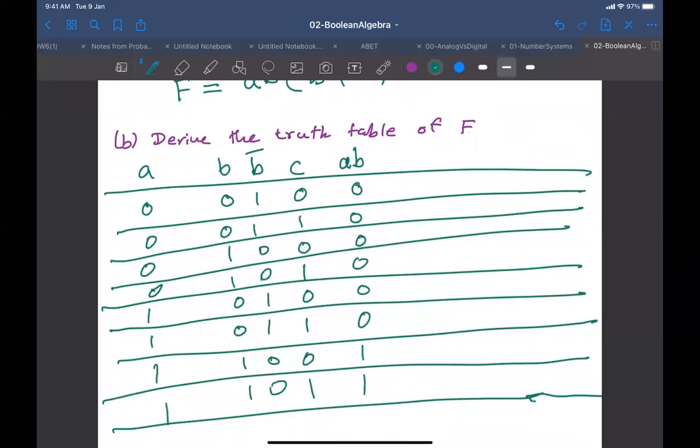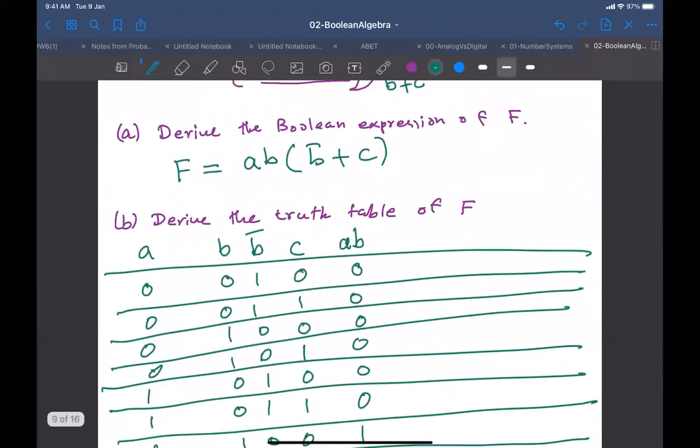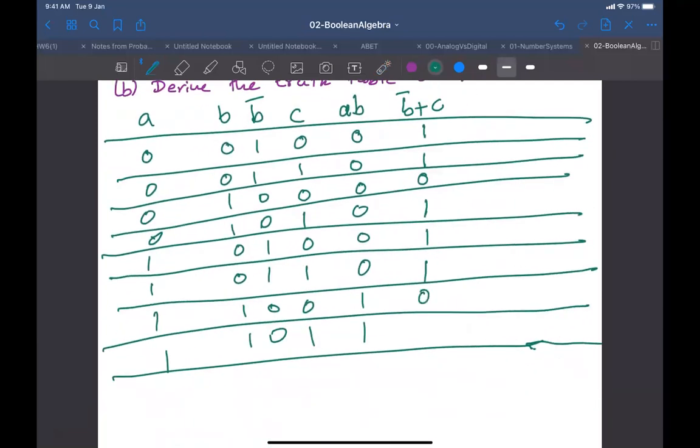And then we calculate B complement ORed with C, which is this ORed with this. Help me do it. Tell me if I'm wrong. 1, 1, 1, then 0, and then 1.